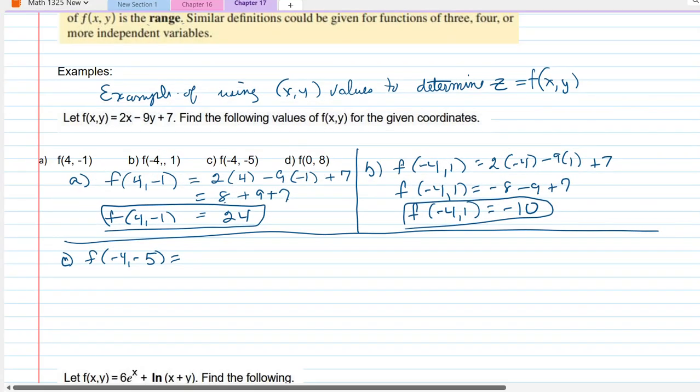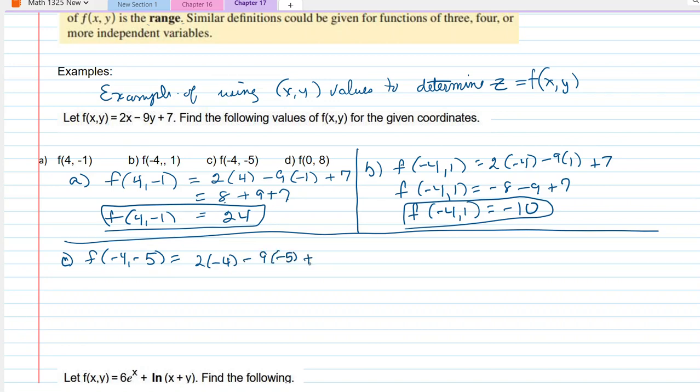All right, so I have 2 times a negative 4 minus 9 times a negative 5 plus a 7. This is going to give me a negative 8, a positive 45, and a positive 7. So I end up with 44 for the function of negative 4 and negative 5.